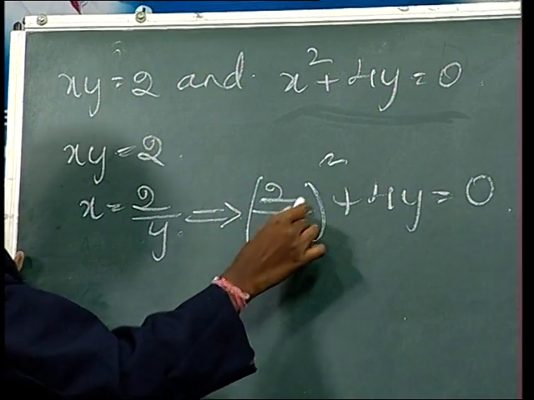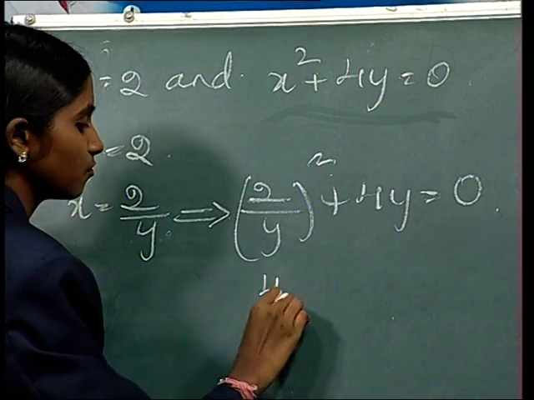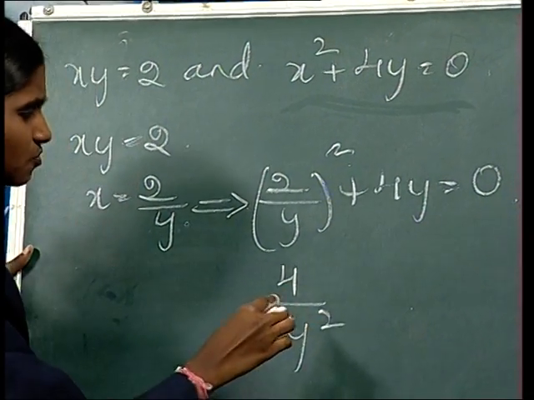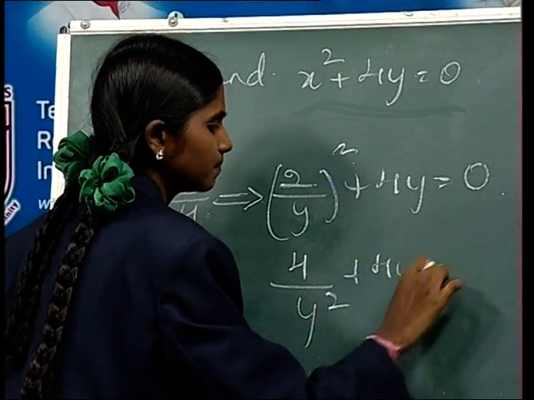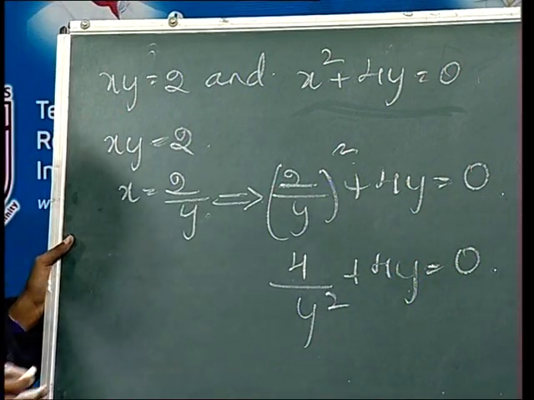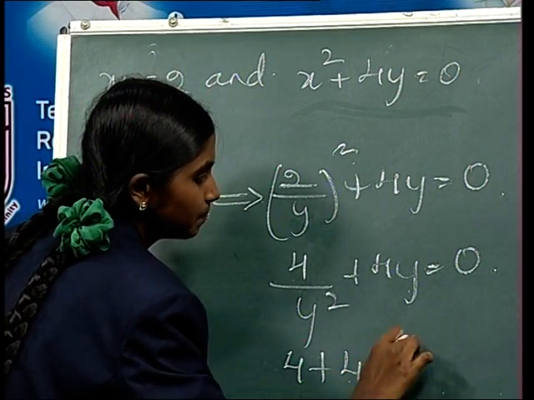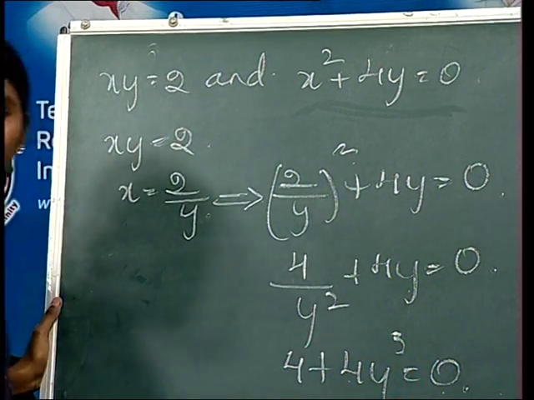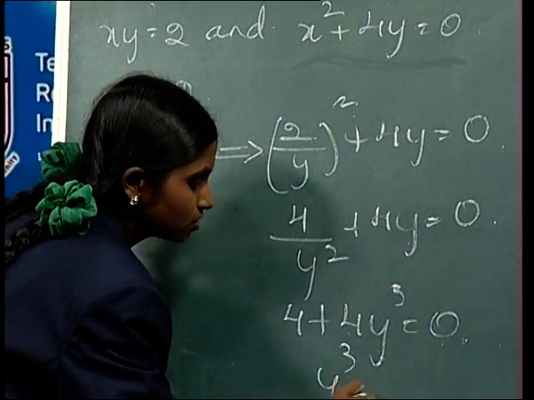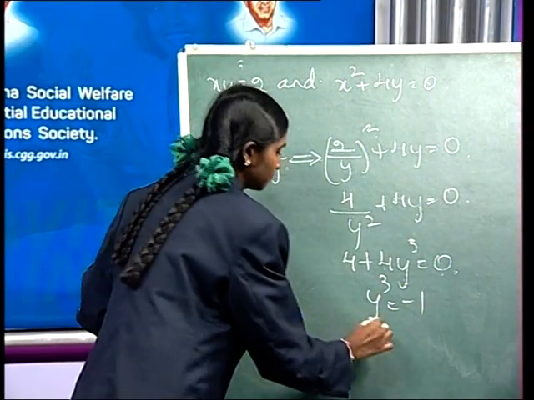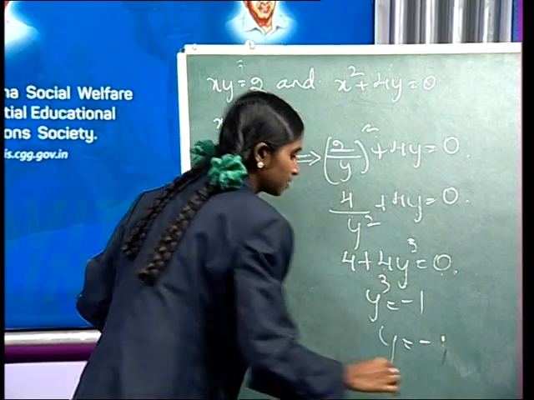So it becomes 4/y² + 4y = 0. Then it becomes 4 + 4y³ = 0, and y³ = -1 and y = -1.